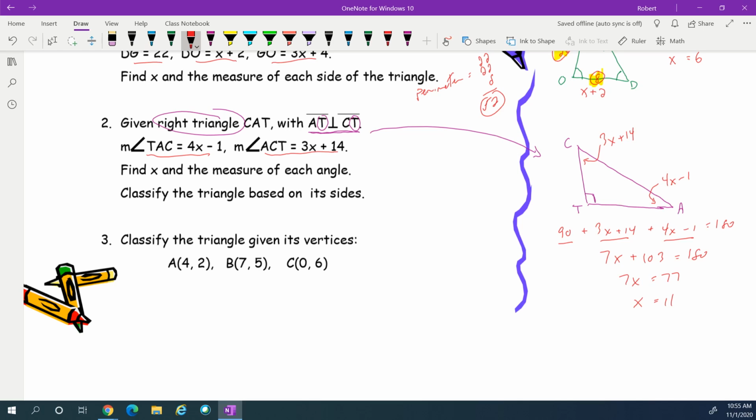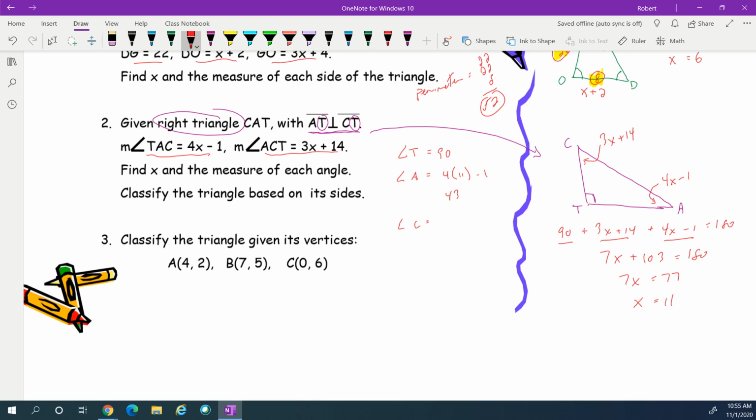So we found x. Now we have to find each angle, it says. Well, angle T we already have. That's angle T is 90. They gave us that one. So let's find angle A. Well, we're just going to plug it in. 4 times 11 minus 1 is 43.